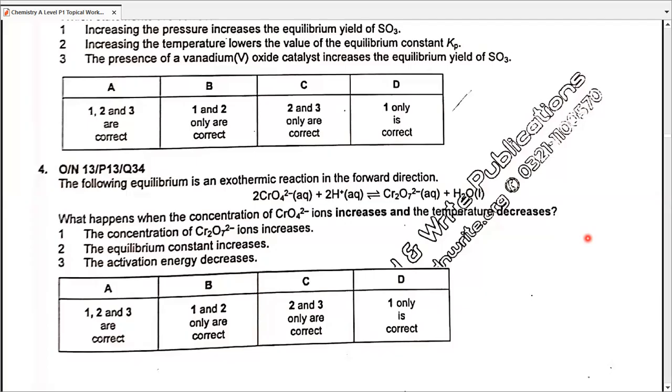Now this reaction is exothermic and the temperature is decreasing, so the reaction should move in forward direction because the concentration is also increasing. So temperature decrease will take the reaction in forward direction, hence equilibrium constant increases. All right. Good.